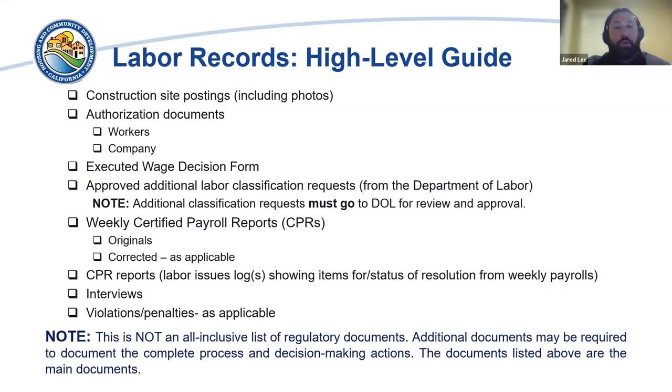You definitely want to make sure of construction site postings, including any photos to show that you have the proper notifications up on the job site, any payroll authorization documents for both workers as well as the vendor or the companies, including subcontractors, the executed wage decision form, and any approved additional labor classification requests that might be outside of the original form that needed to be added to the project once it started. Those particular requests must go to the Department of Labor for approval.